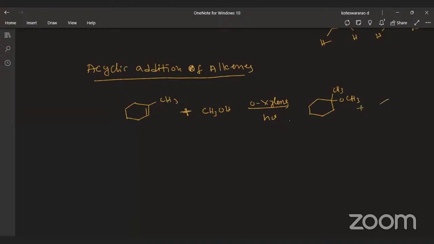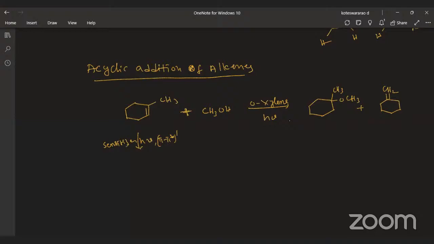Sometimes it may lead to an exocyclic double bond. How is it generated? In the presence of a sensitizer, you irradiate with light. First it generates the pi-pi star singlet state.